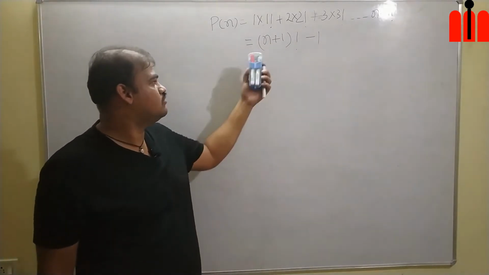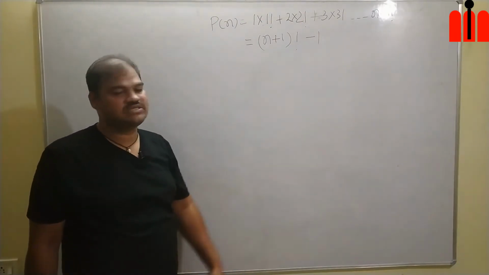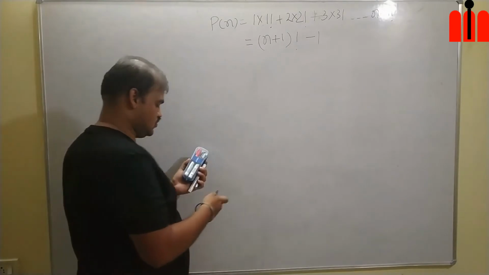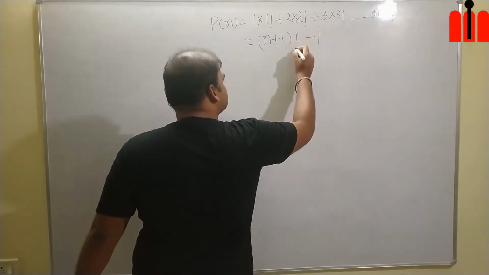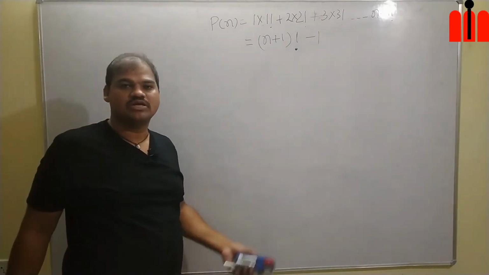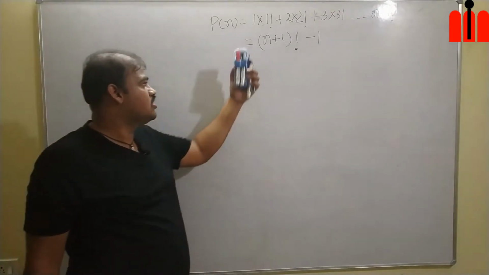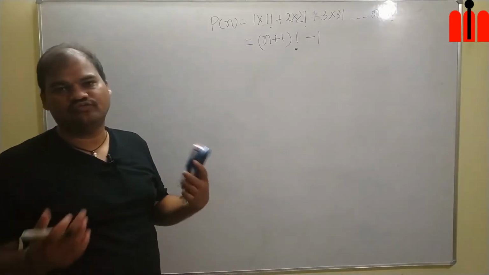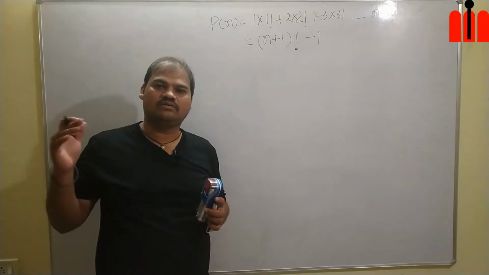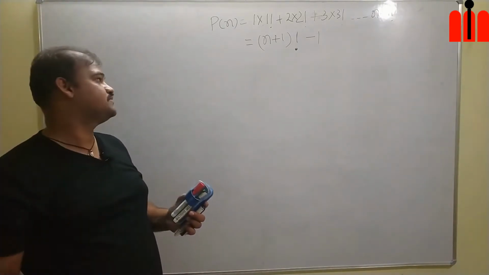This is equal to n plus 1 factorial minus 1. This is the symbol of factorial. So this is my problem. What is my LHS? My LHS is 1 into 1 factorial plus 2 into 2 factorial plus 3 into 3 factorial till n into n factorial.